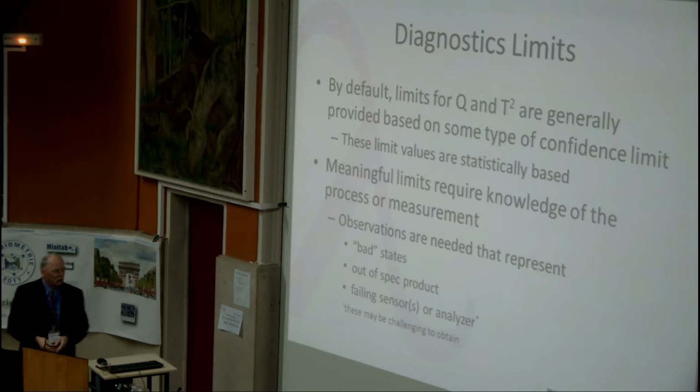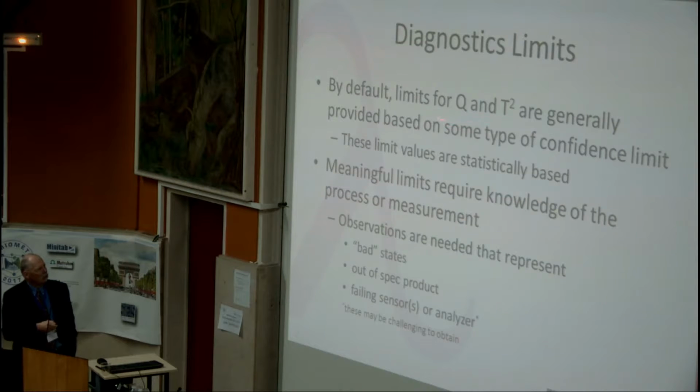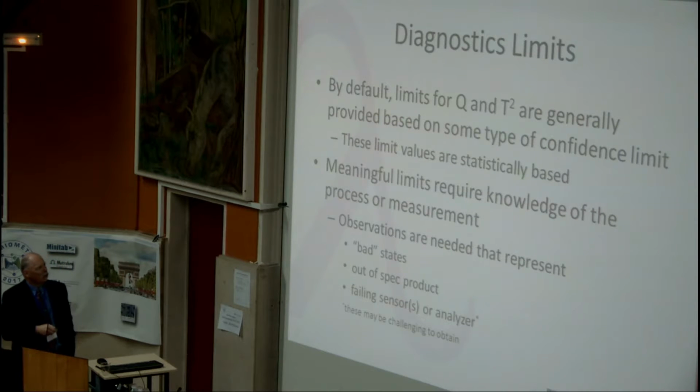So sometimes it's really useful to try out scenarios and see what sort of Q and T squared values they produce so that you can relate it to actual process performance. That can allow you then to pick limits on these that are actually important to your process. And it might turn out that they're considerably higher than, say, where the 99% limit is.